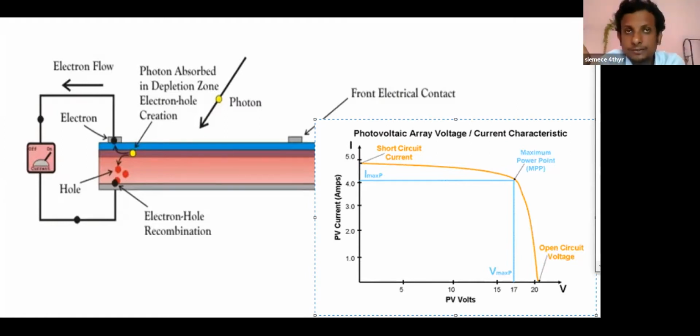Once we place the solar cell in a location where we want to produce electricity from sunlight, after it's installed, maintenance is hardly required.